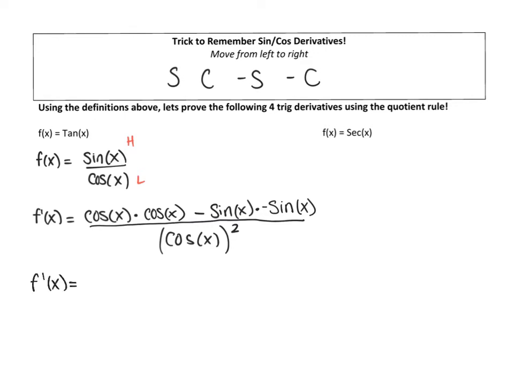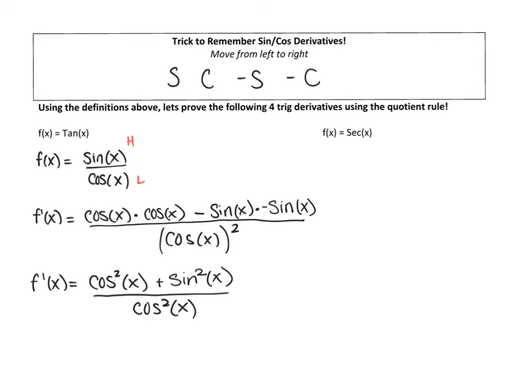So we want to get into the habit of writing it as cosine squared x. That's exactly the same thing as writing it as cosine of x squared, but sometimes it's just the abbreviated way we put the squared on the inside. So now we're going to do negative sine times negative sine, which is a positive sine squared, all over cosine squared of x.